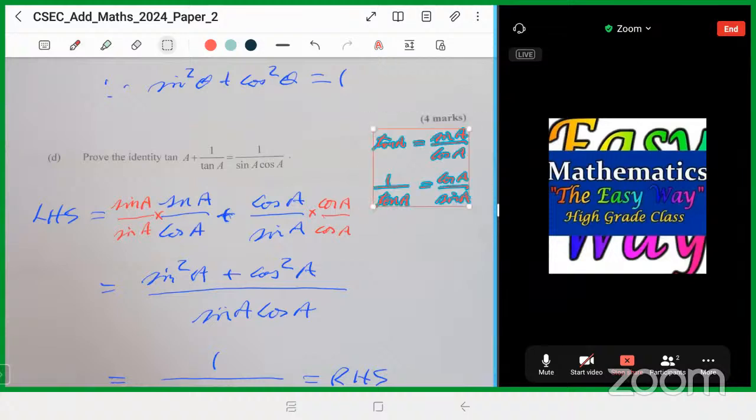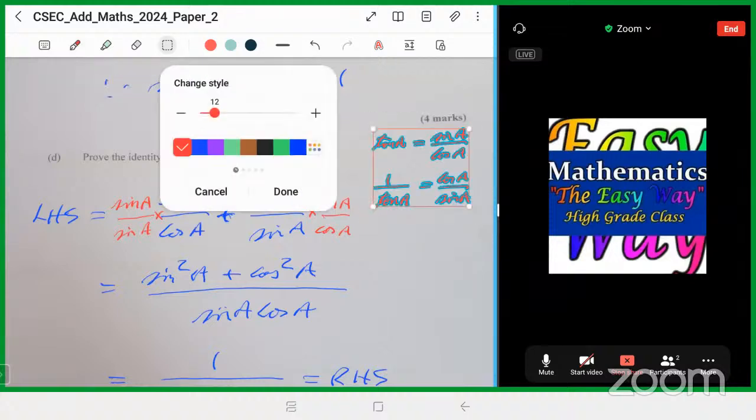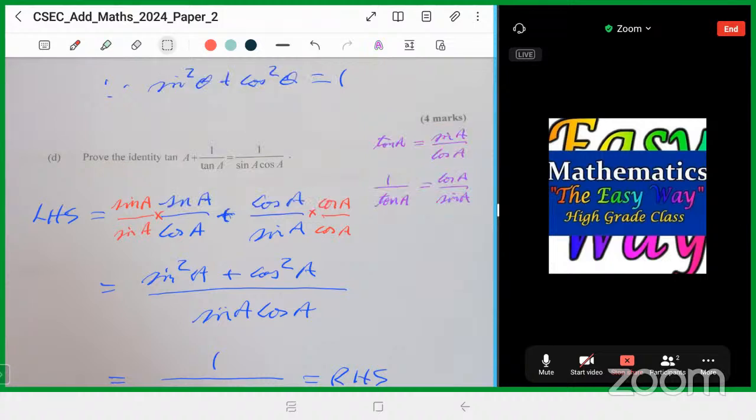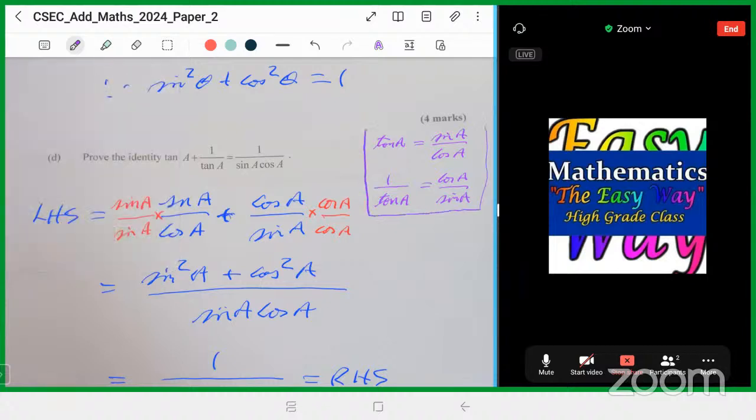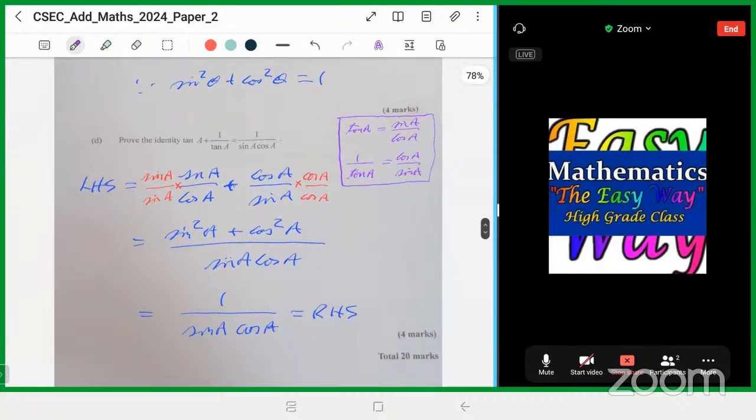These that I'm using, put them in a box. These are what I am using. Change the tans. That's it. That's better.